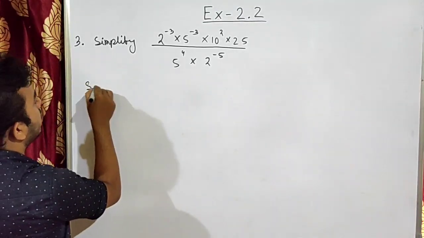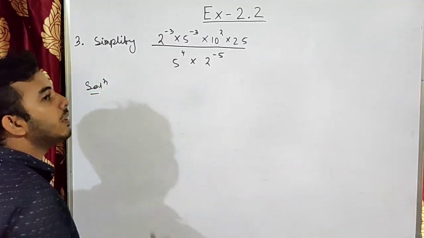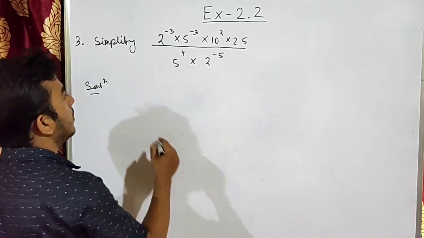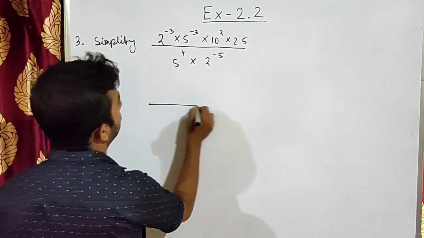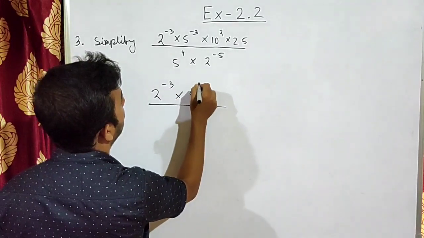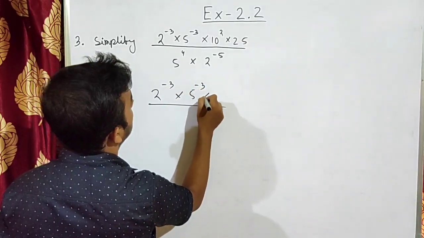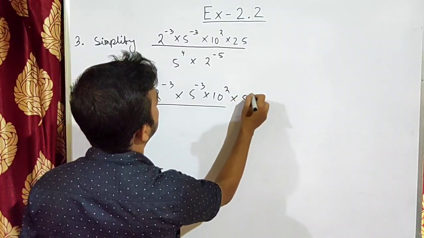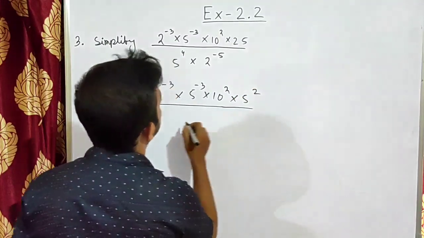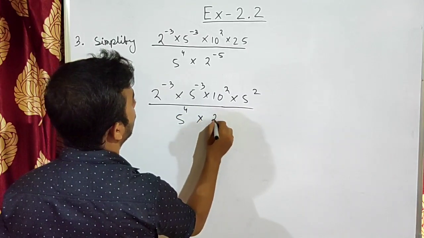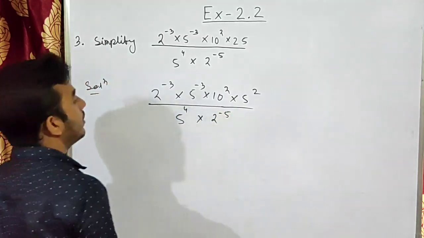Now look, this 25 means what? 25 can be written as 5 square, right? Because 5 into 5 is 25. So it will be 2^-3 into 5^-3 into 10^2 into 5^2, divided by 5^4 into 2^-5.